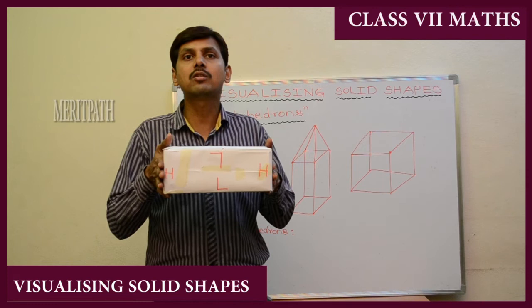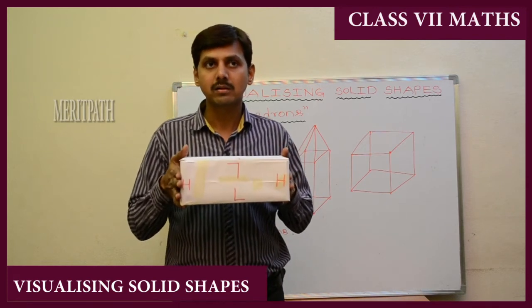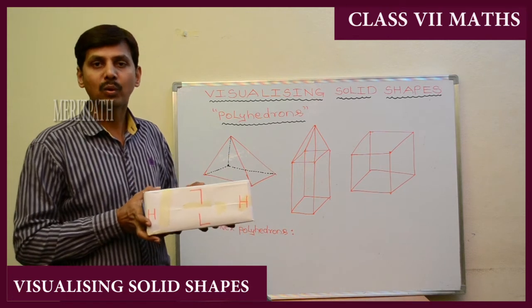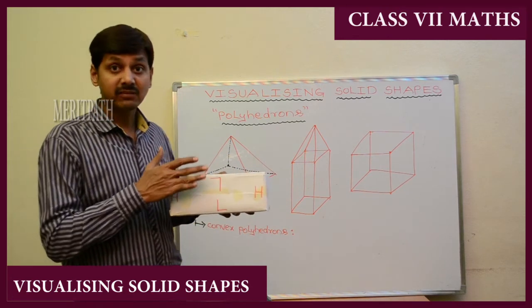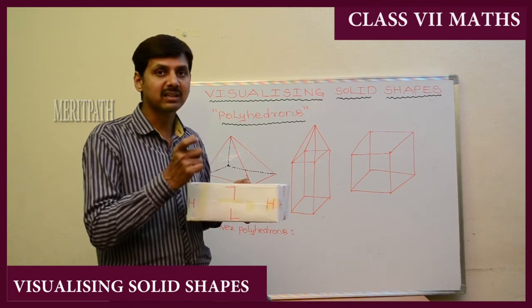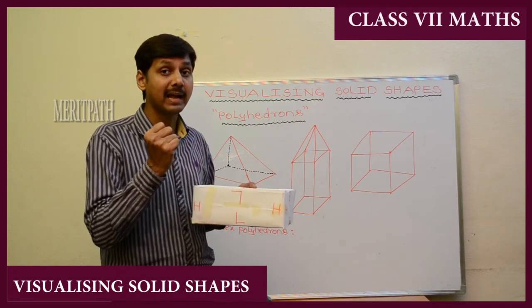So totally we got 12 edges. Finally, once again we recall: 6 faces, 8 vertices and 12 edges.